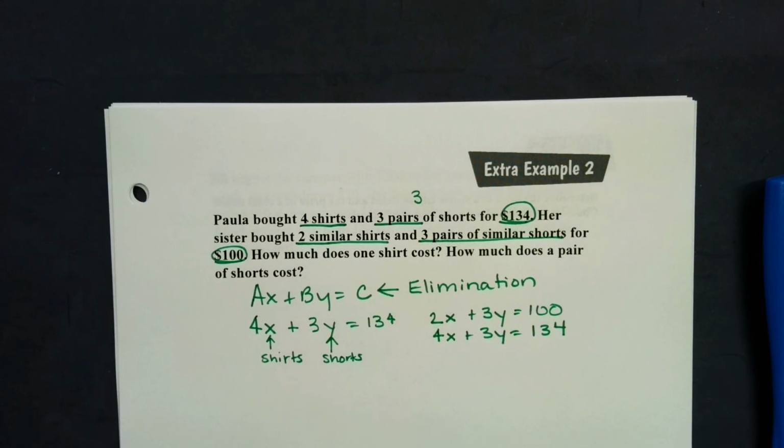Can you eliminate the x right now? Can you eliminate the y right now? Can I do something really easy to the y? What could I do? Times it by what? -1.